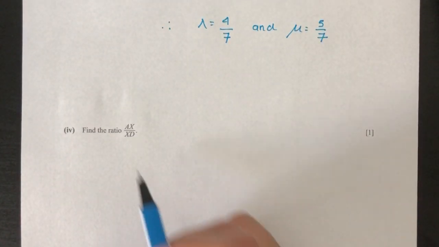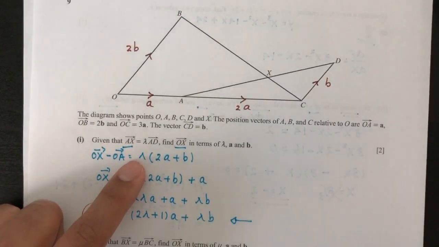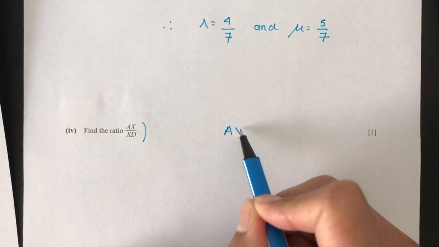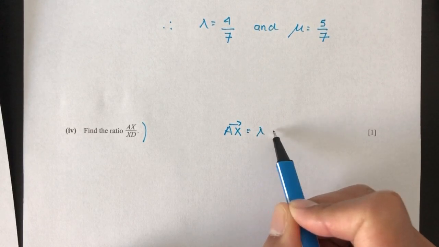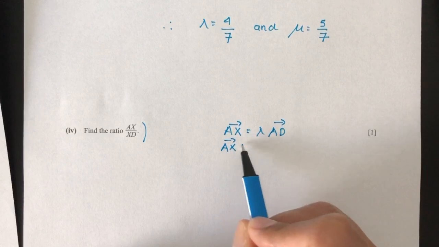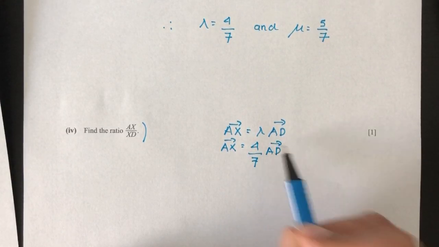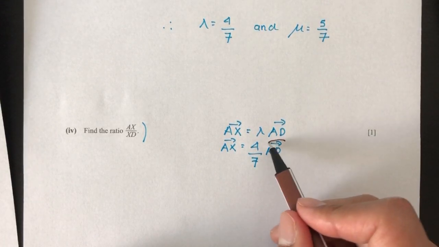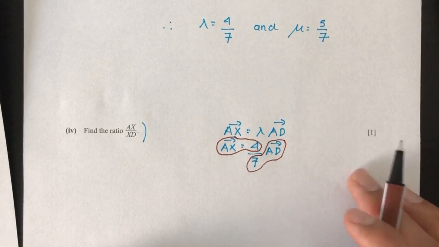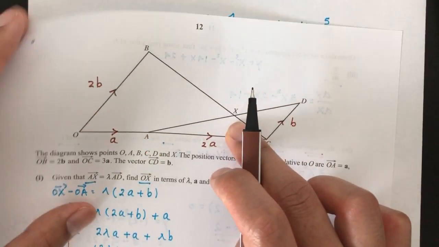Now for part 4, find the ratio of AX and XD. Let's write this down. From part 1, it says AX is equal to lambda AD. So AX, lambda is equal to 4 over 7 AD. So it means that we have to take AD for this one and AX for this one. According to your drawing, you have a line here, AD, and X is in the middle.